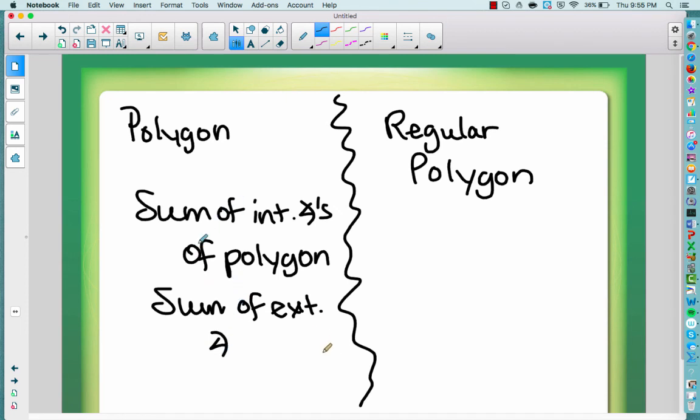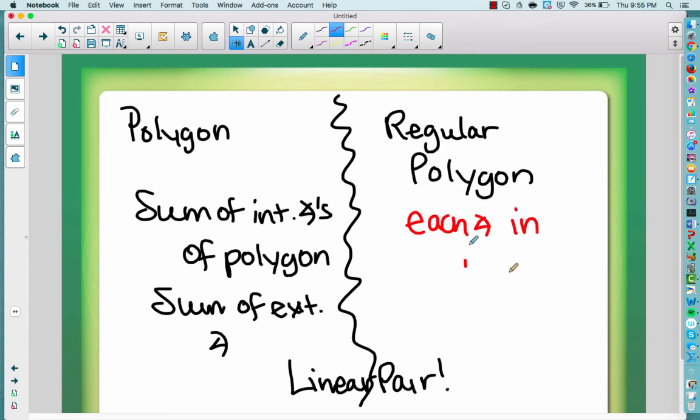You should be able to tell me that an interior and an exterior angle from the same vertex form a linear pair. And you should be able to find each angle in a regular polygon, both interior and exterior, and also be able to work backwards to find the number of sides.